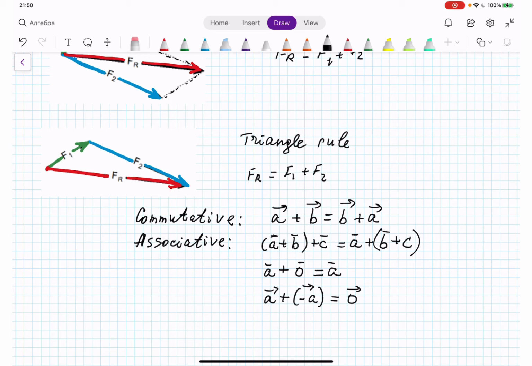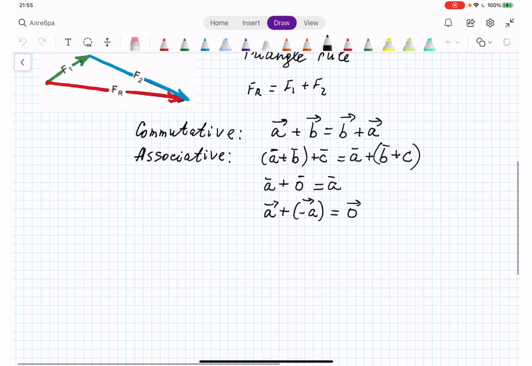Okay, moving to subtraction now. Next, we are doing subtraction.